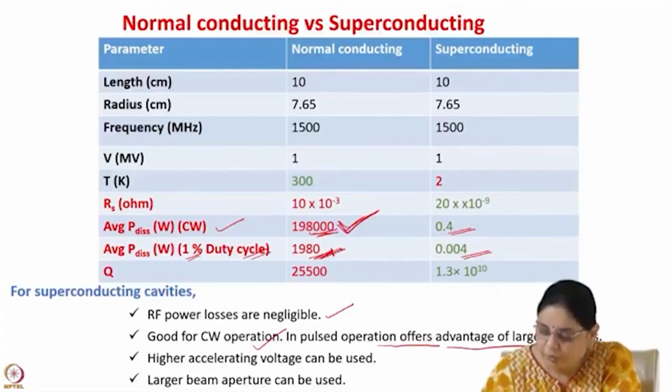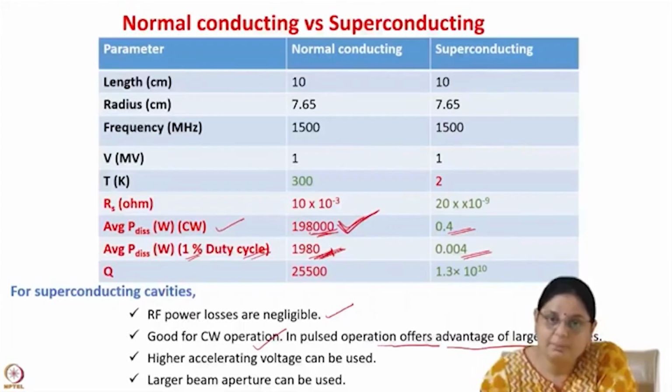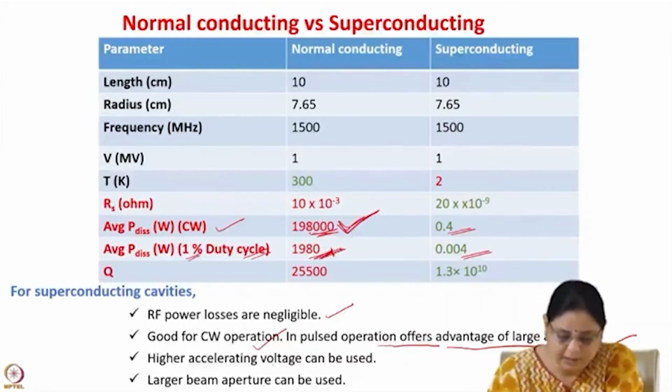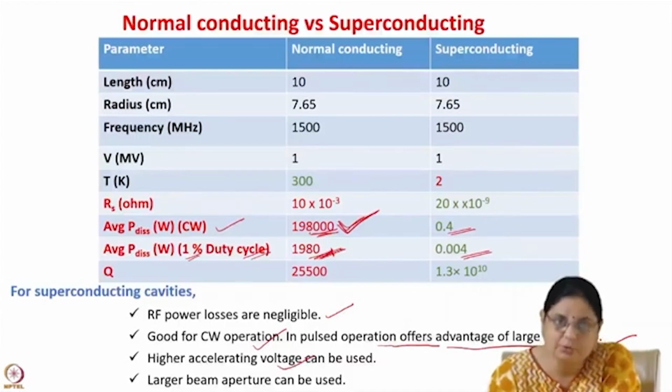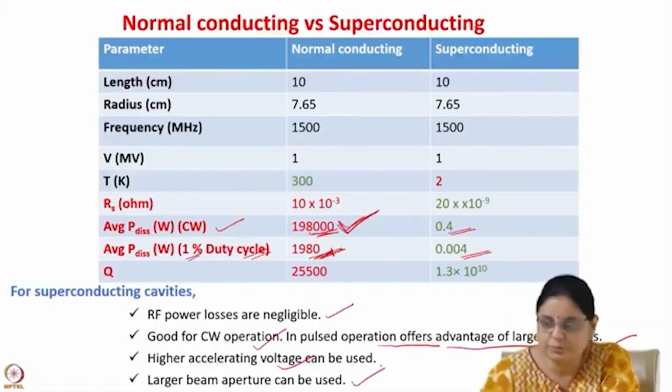Even though normal conducting operation is okay for pulsed operation, to improve the shunt impedance the beam aperture is kept small. If you go to superconducting, you can increase the beam aperture, so you can reduce the beam loss. Higher accelerating voltage can be used, so you can reduce the total size of the accelerator, and a large beam aperture can be used.